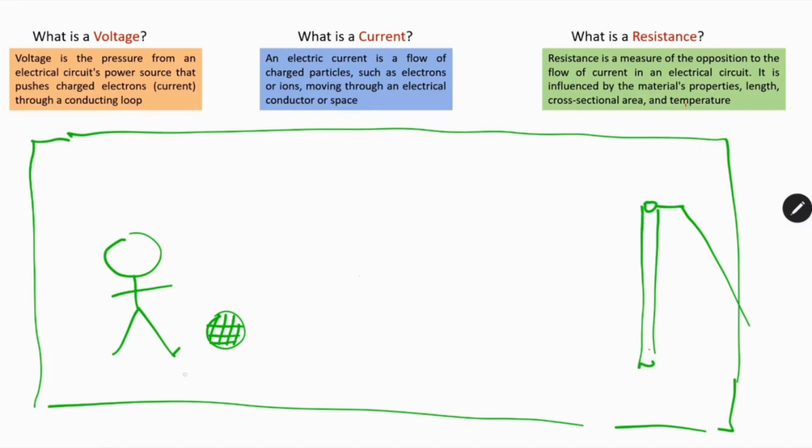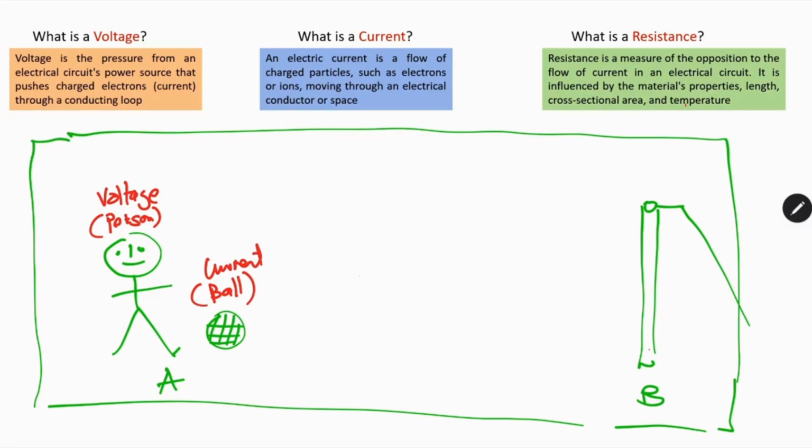With location A and location B, we can say this person is nothing but a voltage. The voltage is the person, and then we have the current. The current is nothing but the ball. And then we have point A and point B, which might represent a conductor.